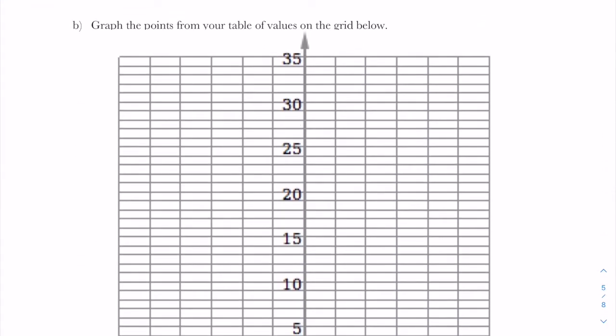At this point, you're going to graph the points from the table of values. Once again, pause the video and click play when you're ready to resume.